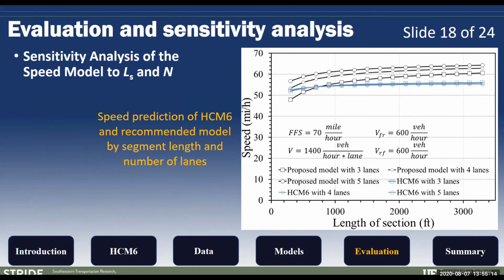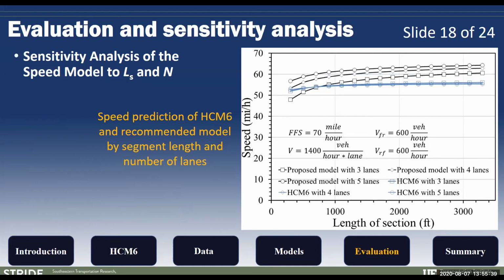It's virtually a constant value here, while our model is sensitive to the length: the speed goes up as the length goes up, and of course it flattens out. But most of the speed gains are happening in the low to medium range of maybe 300 to 1,000 feet.